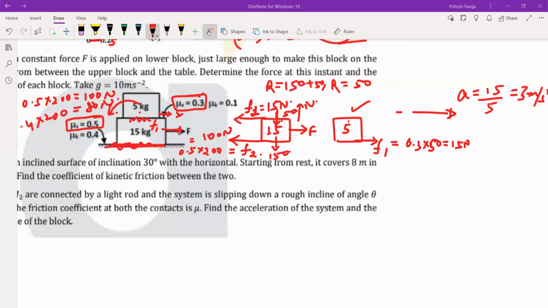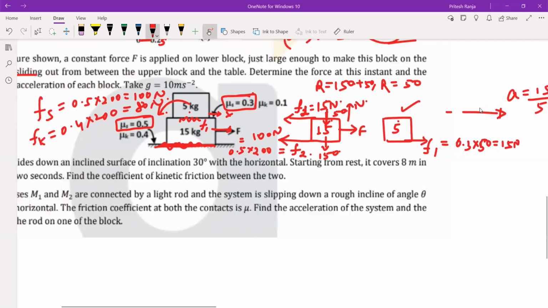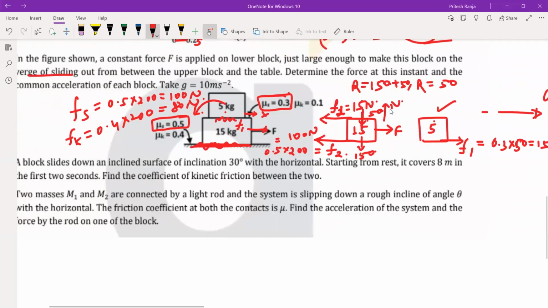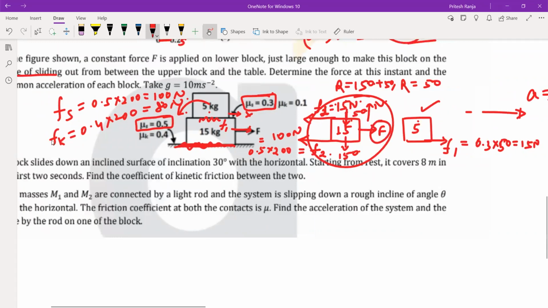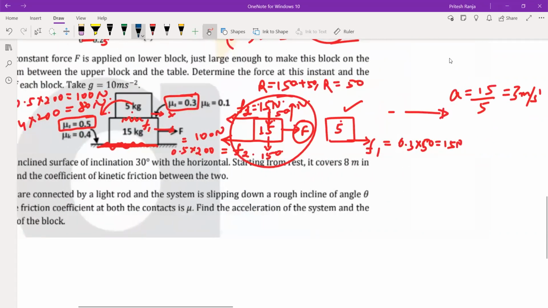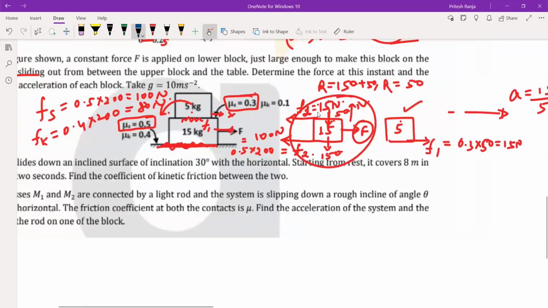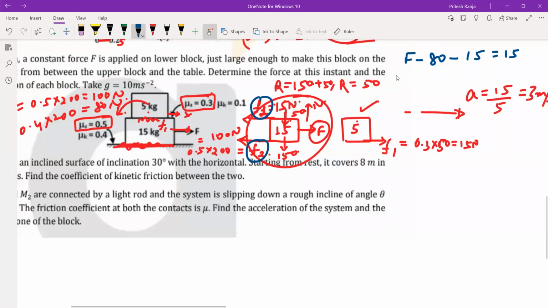And similarly, now we can find F. This block is having acceleration A. So F minus 80, because since it is accelerating, we will take kinetic friction, minus the friction force F1 that we found and the friction force F2. So F1 was 15, is equal to M into A. So this gives F as 95 plus 45, that is 140 newton. So this is the answer.